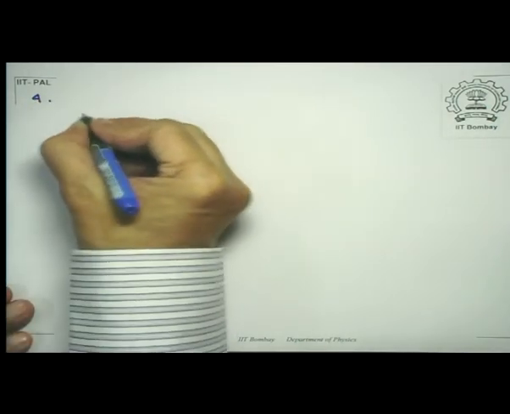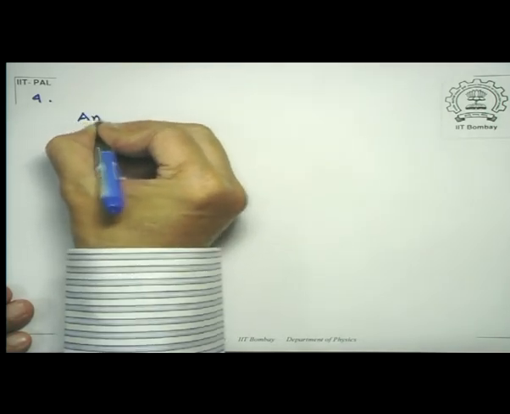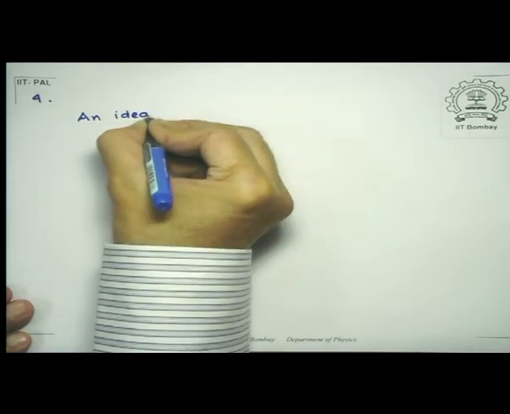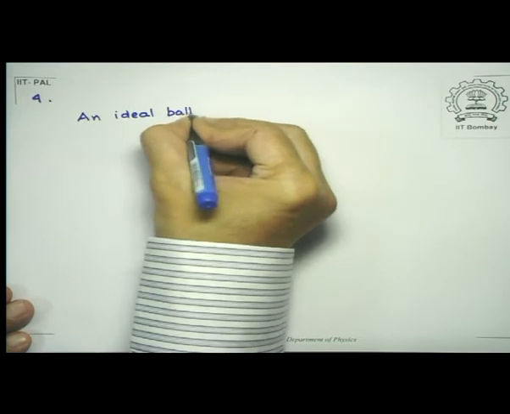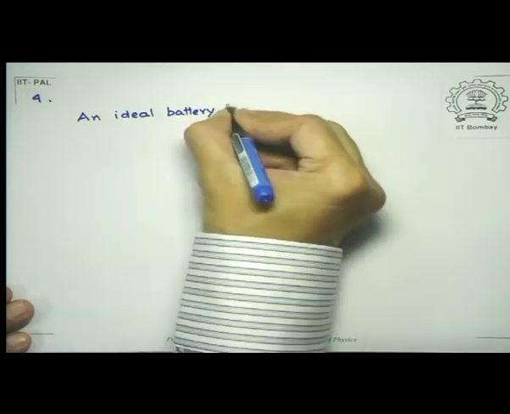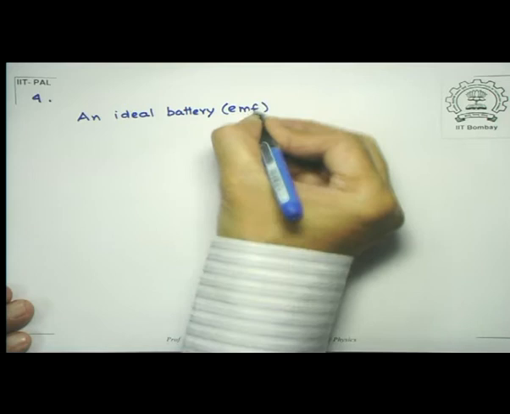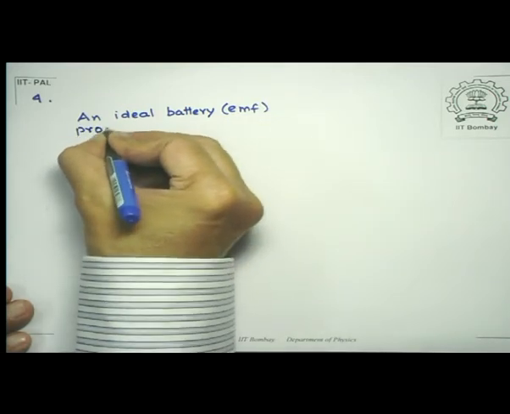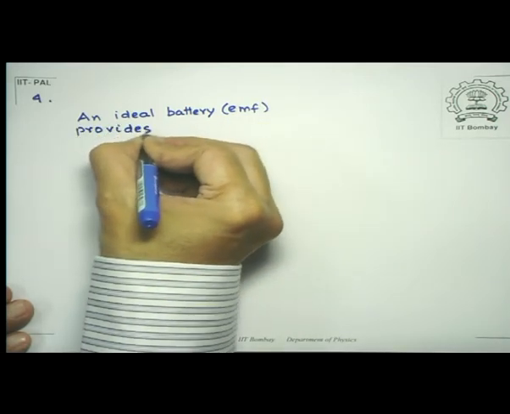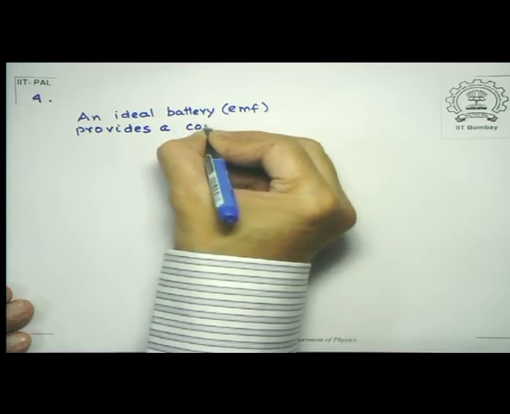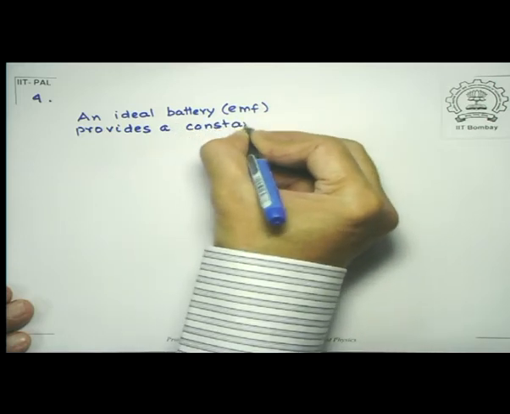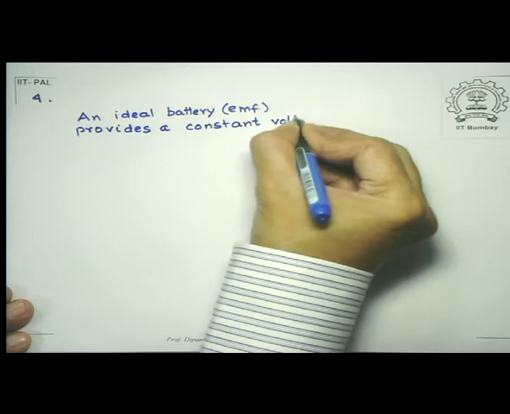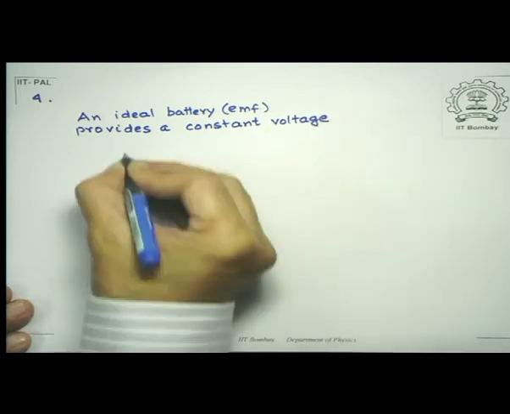So firstly, an ideal EMF source, an ideal battery if you like, provides a constant voltage across its two terminals.